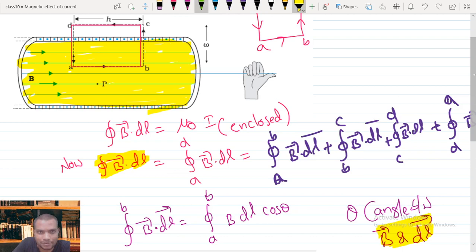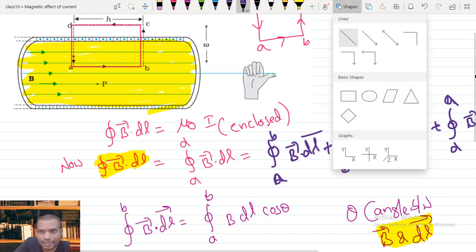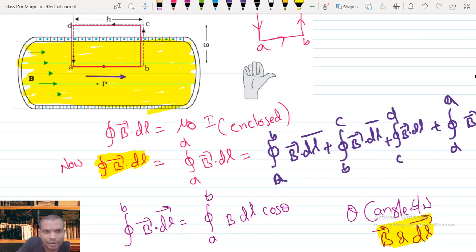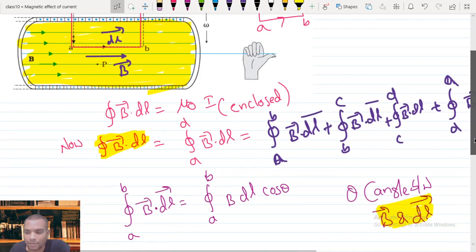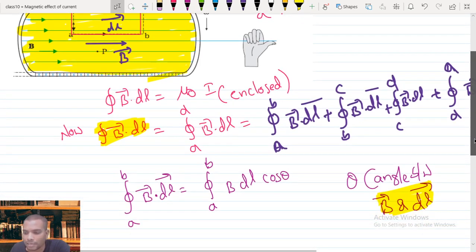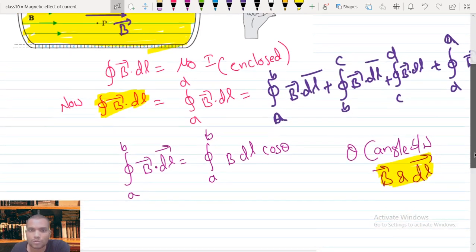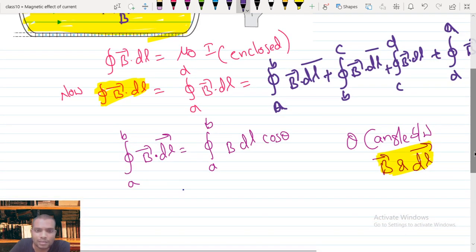If I represent that with bold ink, this is the magnetic field direction, B bar. From A to B, the Amperian elemental length dl direction is also the same, from A to B. Now what is the angle between B bar and dl bar in this case? The angle equals 0. Now in this case theta equals 0 degrees.